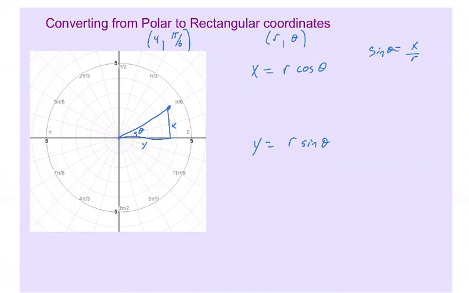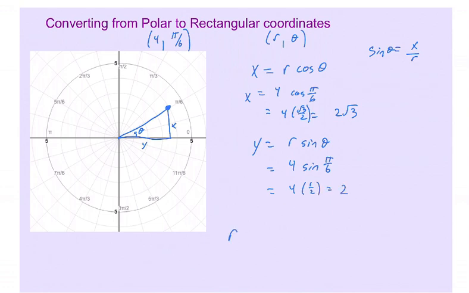So for this coordinate that we have here, this 4 comma pi over 6, the x value is 4 times the cosine of pi over 6, which is 4 times root 3 over 2, which is 2 root 3. And then the y value would be equal to r times the sine of theta, which is 4 times 1/2, which is just 2.